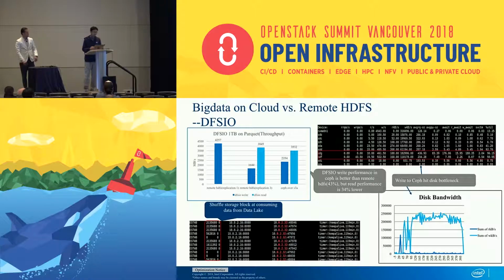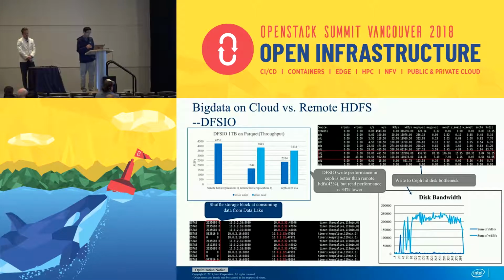We then did a micro benchmark, the DFSIO read-write test, and we saw, if you look at the deep blue pillar here, for DFSIO write, HDFS is better than Ceph.